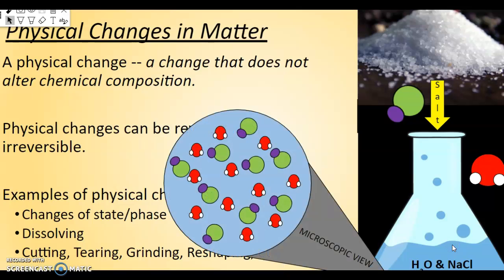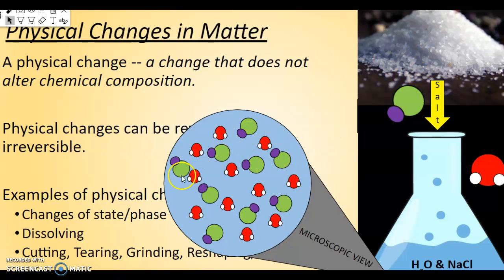If we look at the microscopic view, the particle level diagram, after the substance dissolves, you can see that there's still sodium chloride bonded together, and there's still water bonded together. The only difference is the attractions between these two atoms and these two molecules allows the water to break apart the salt crystal.